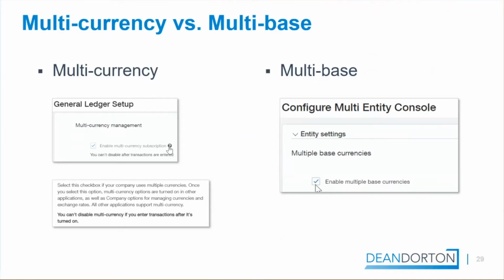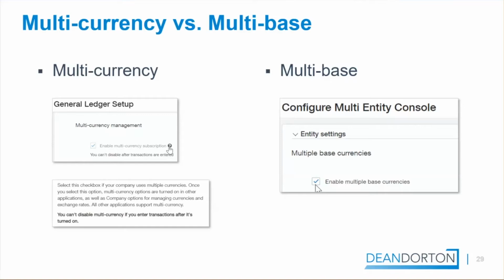So you may report in US dollars, but you may have sales overseas that are done in euro or yen, or you may go north with Canadian dollars or south with pesos. So you have the ability to transact in multi-currencies.